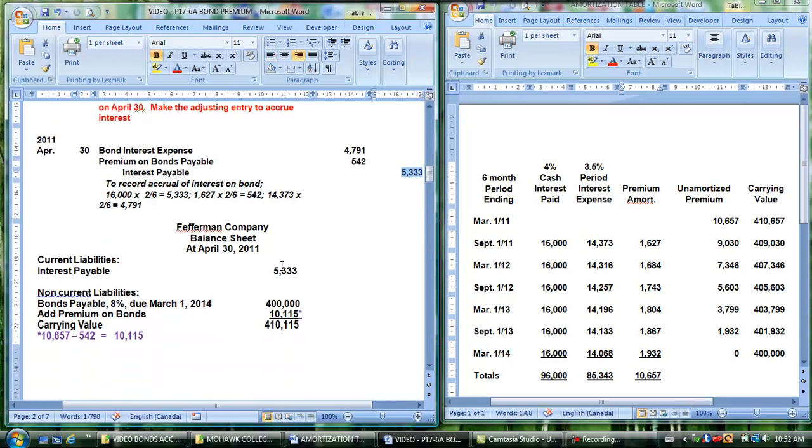So if I did a balance sheet now on April 30th, 2011, you can see my interest payable is a current liability. Why is it current? Well, because I'm going to be making that payment and then some for the other 4 months on September the 1st, 2011. So it'll be made within the current operating cycle, so therefore it's a current liability. But now in the non-current liability section, I have my bond described as an 8% bond due March 1st, 2000.